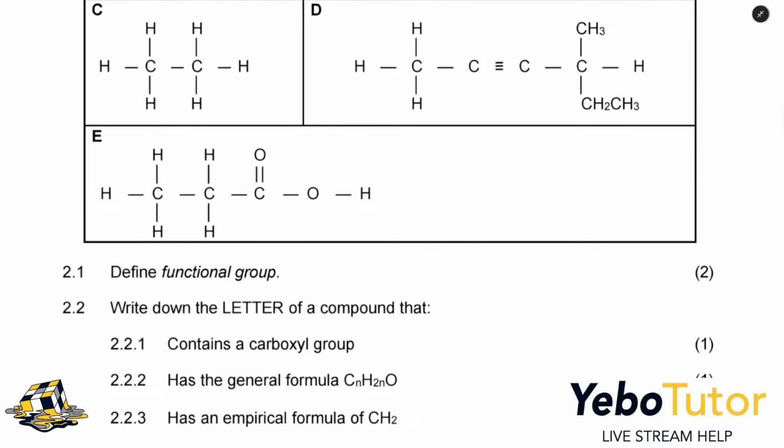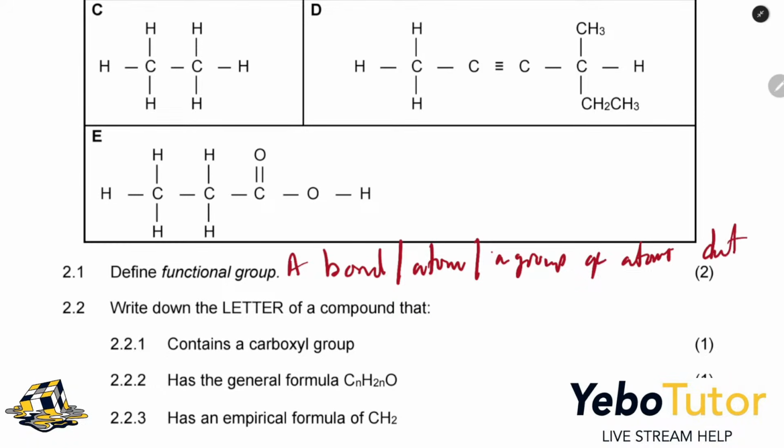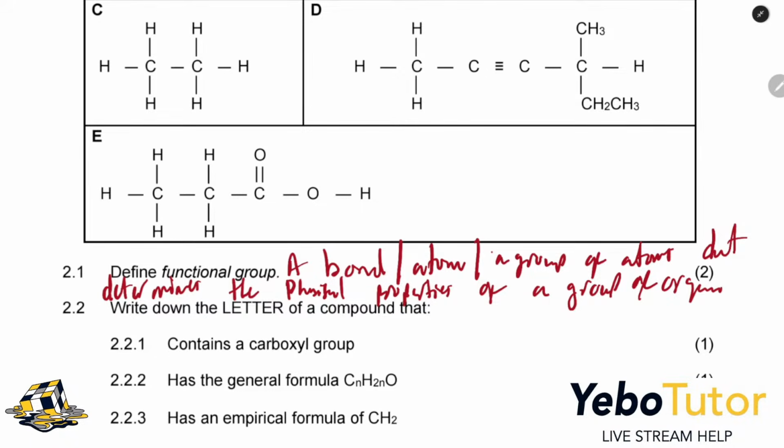Great. Now define the term functional group. What is a functional group? Guys, this is not bad, because we know that a functional group is a bond, or you can say an atom, or a group of atoms, that determines the physical properties of a group of organic compounds.